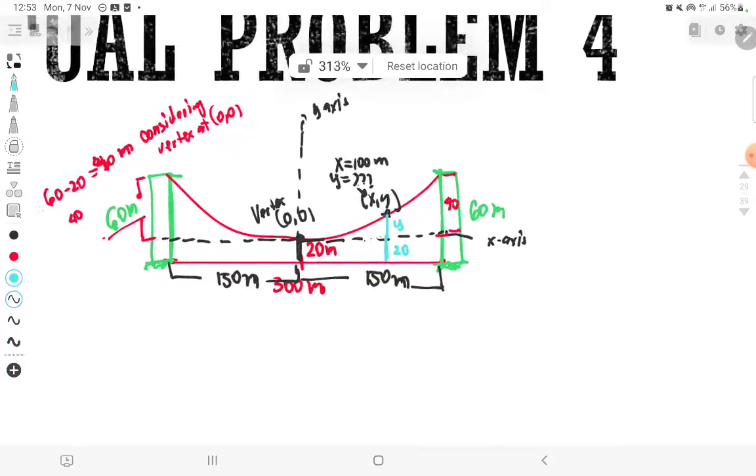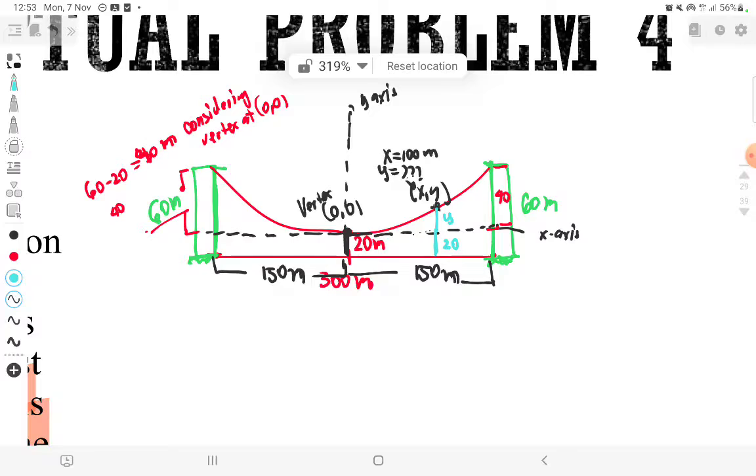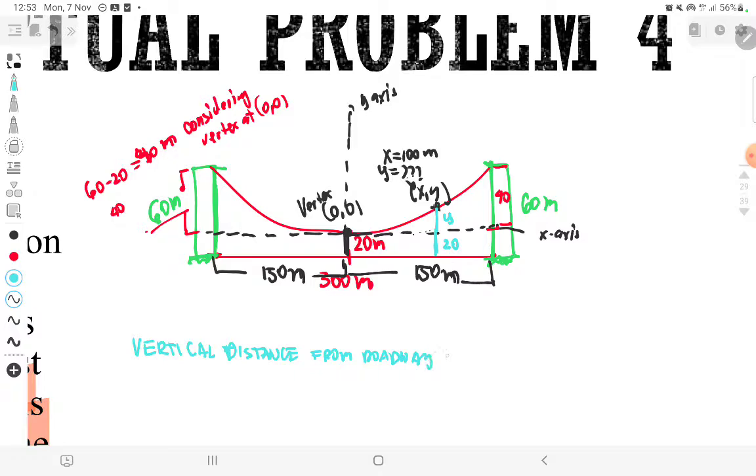So the vertical distance from the roadway is equal to y plus 20. Now, let's find the value of y.